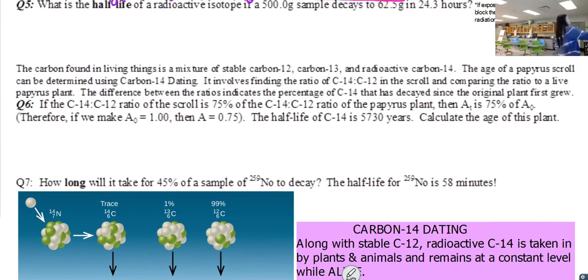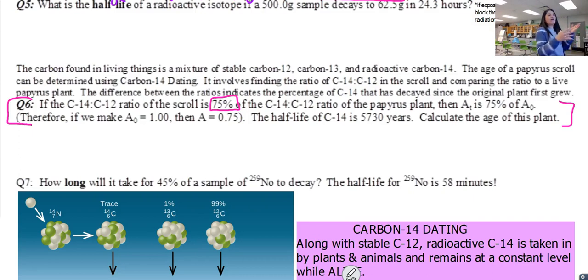For example, this question is talking about a papyrus plant, and they're trying to age the papyrus to see how old it is. It says if the scroll is 75% of what it was before, that's representing the amount that we have remaining. That's our AT.